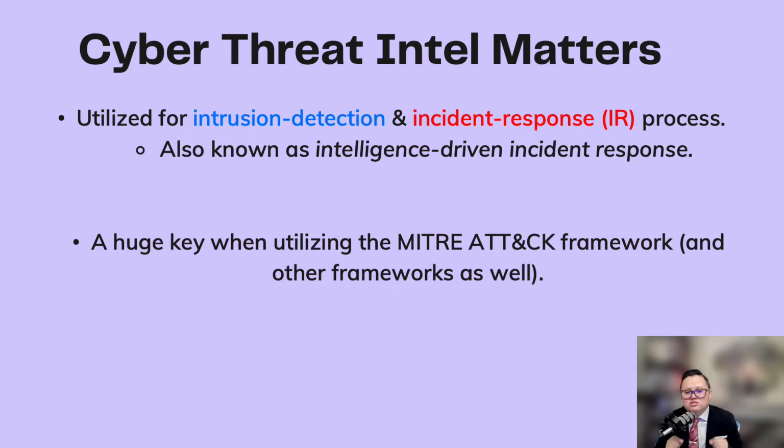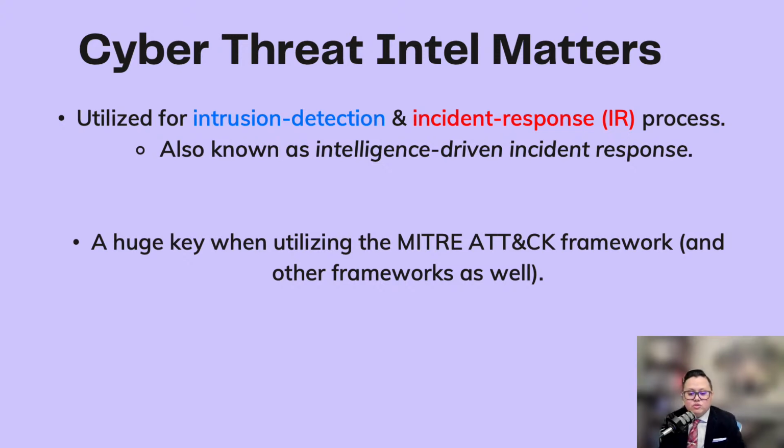But I do want to emphasize one thing that I want to be clear on, which is that we need to be mindful of our cognitive biases, because they can have implications on your cyber threat intel. What I mean by that is that we can become clouded by our cognitive biases. Like correlation doesn't always mean causation, for example.